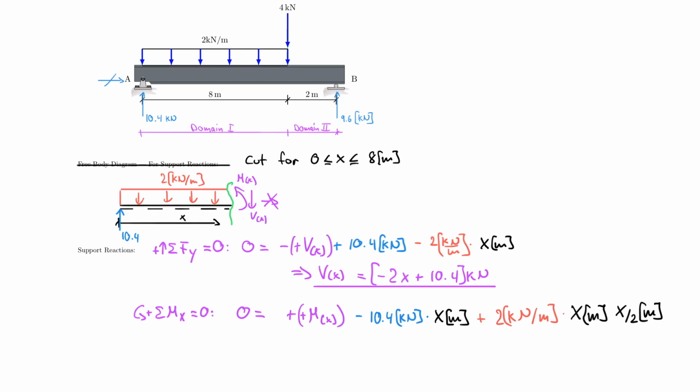Now I can rearrange it. I find that my moment function M of x is equal to minus 2 divided by 2, which is really 1, so minus x squared plus 10.4x, in kilonewton meter.